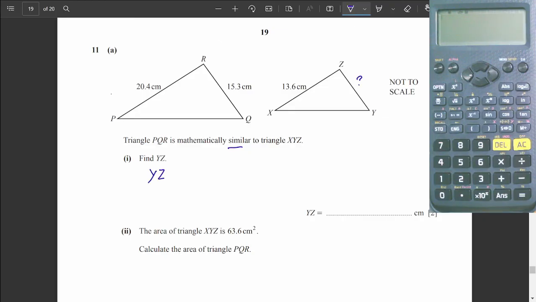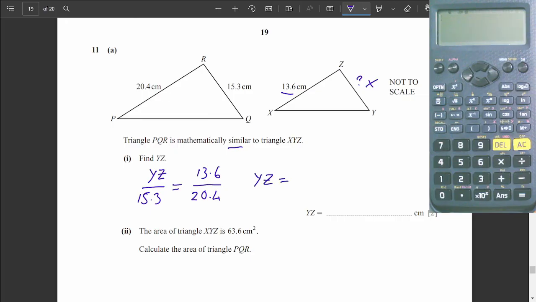YZ over the corresponding side here, which is RQ, so that's 15.3, is equal to, now we put the smaller triangle first on this side, so we need to put that value first, 13.6 over 20.4. Okay, so to calculate YZ, we just need to rearrange that.